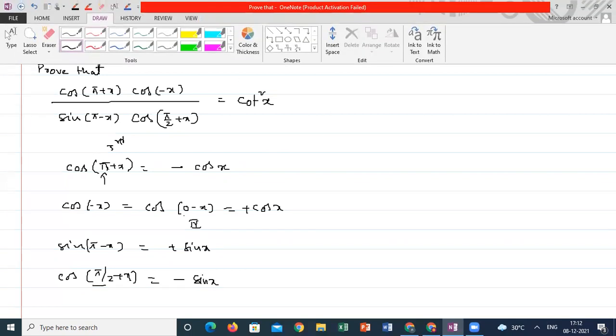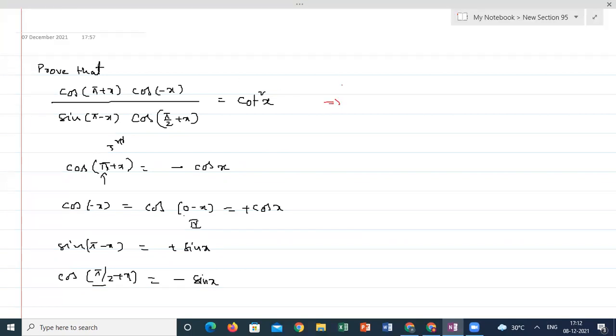So if I substitute all these values in the given expression on the LHS, what will I get? Cos x divided by sin x into minus sin x, which will give minus cos square x divided by minus sin square x, which will give plus cot square x.